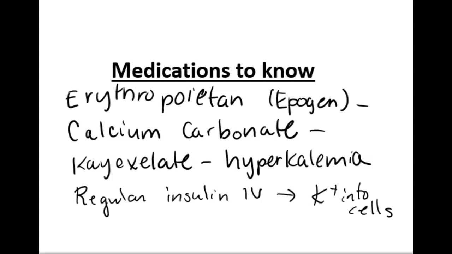So those are the meds that I for sure was pretty good at looking at in our textbook. And now I do want to bring up one more thing as we go here at the end of this lecture, and that's to deal with diet.